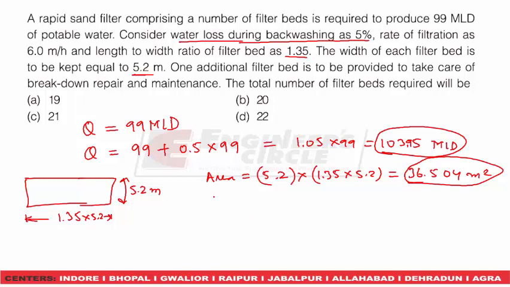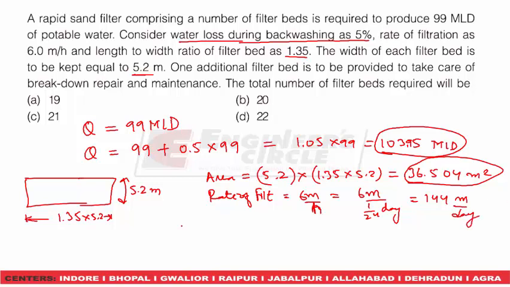Now the rate of filtration, this is given to us 6 meter per hour. So it is equal to 6 meter and 1 hour is equal to 1 by 24 days. So this is equal to 24 into 6, that is 144 meter per day.